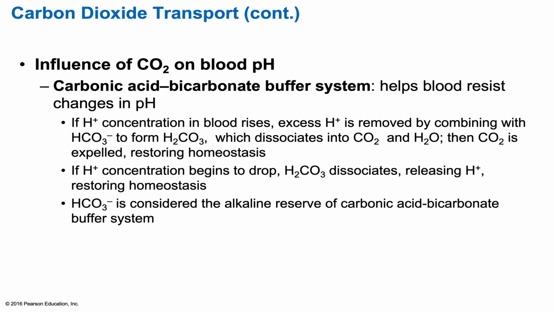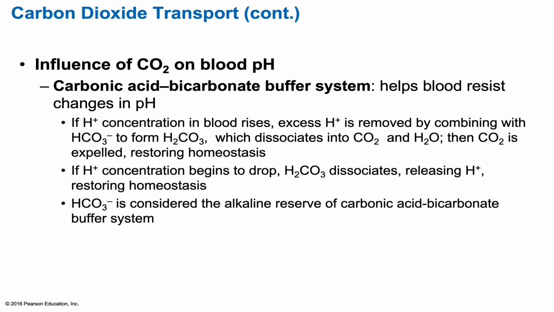The bicarbonate generated in red blood cells diffuses into plasma, where it acts as an alkaline reserve, which is part of the blood's bicarbonate buffer system. Now, this system is very important in resisting shifts in blood pH. If hydrogen ion concentrations in blood start to rise, the excess hydrogen ions get removed by combining with bicarbonate to form carbonic acid.